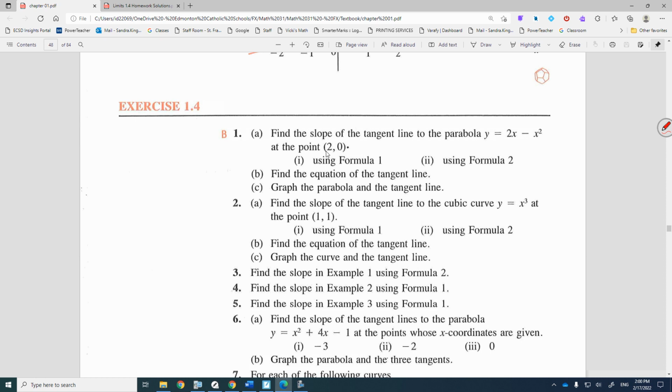So here's your A, here's your f of A, and then it says find the slope using Formula 1 and then find it using Formula 2. So I would start this homework by using Formula 1, since we know how to do a couple questions with Formula 1. And then when we're done, you're going to go back and watch the second part, which will be introducing and applying Formula 2. And then you could redo those questions using Formula 2.